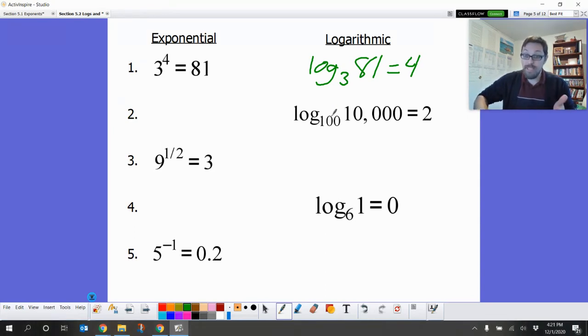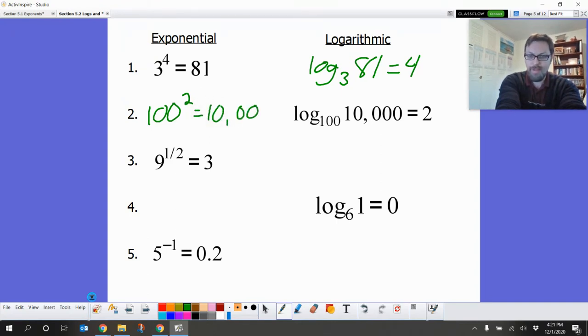If we had this one, log base 100 of 10,000 equals 2, over here we would grab the base, 100 squared equals 10,000. And that totally makes sense. If you square 100, you get 10,000. That's why log of 10,000 equals 2.